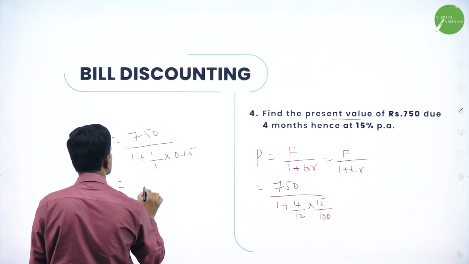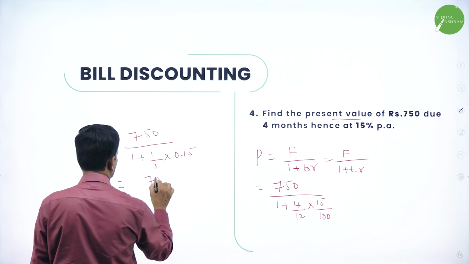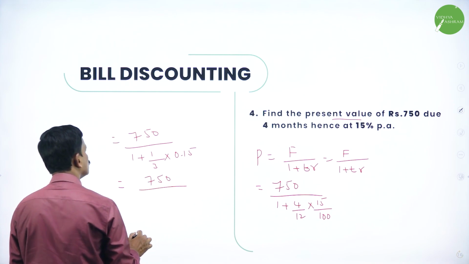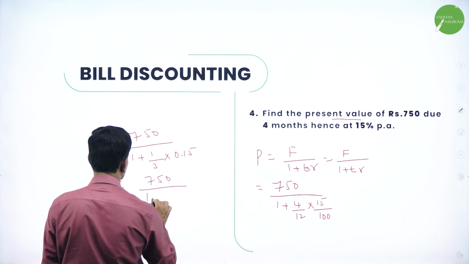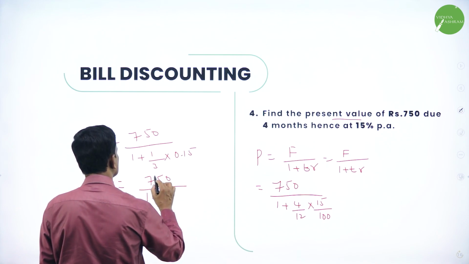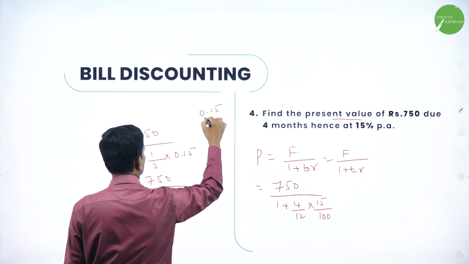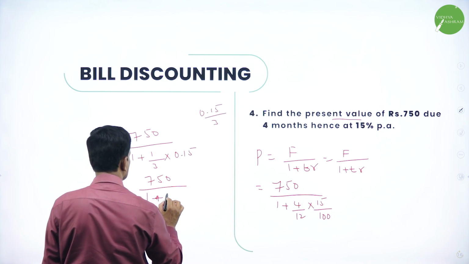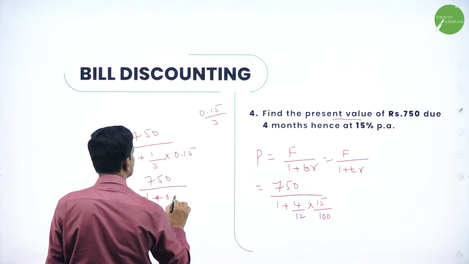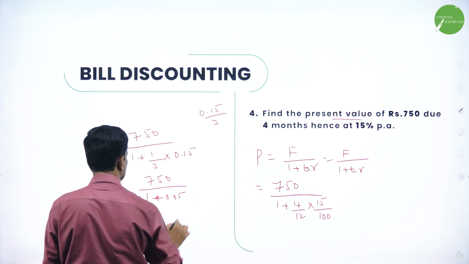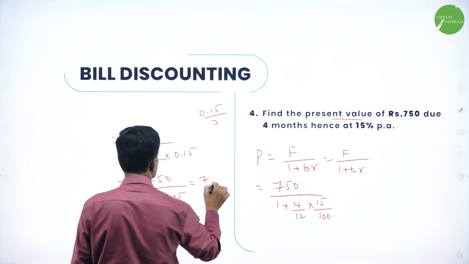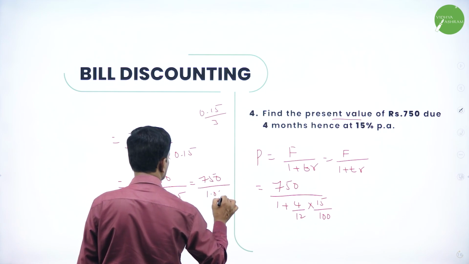So 1 plus 0.15 divided by 3, that's equal to 0.05. That's equal to 750 divided by 1.05.